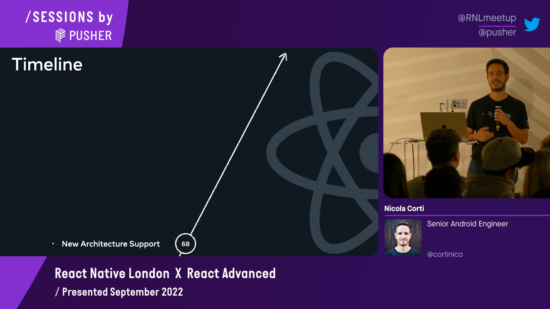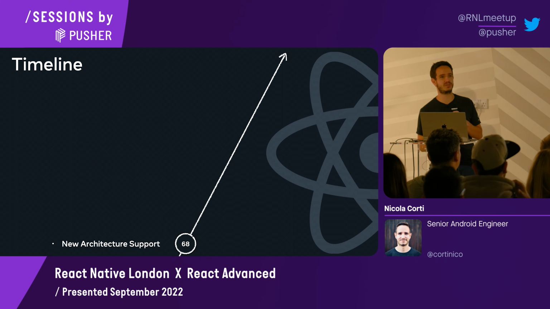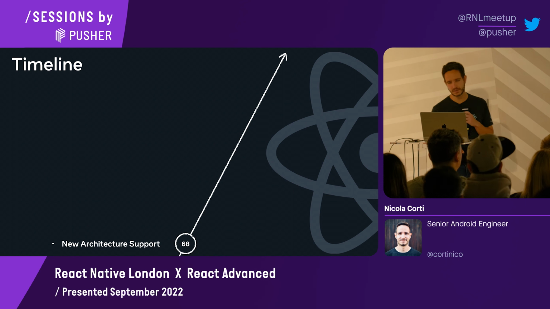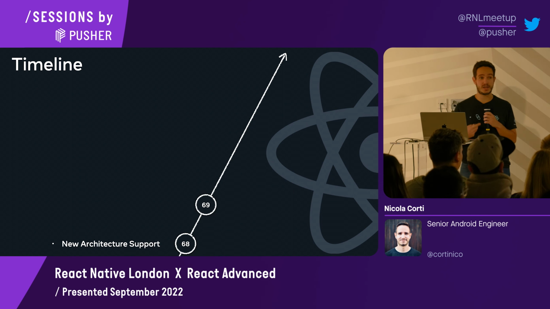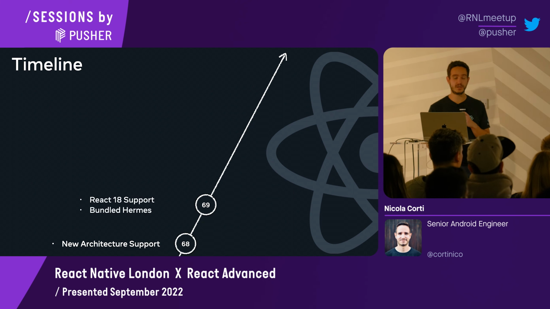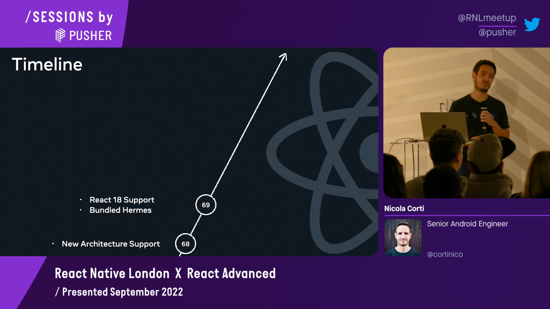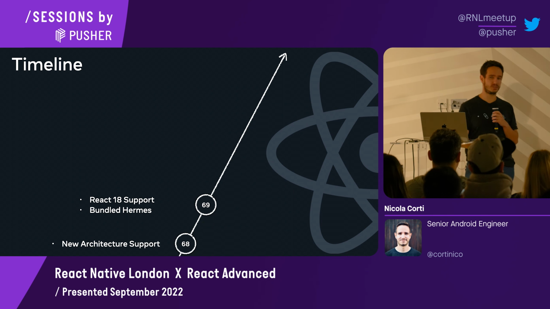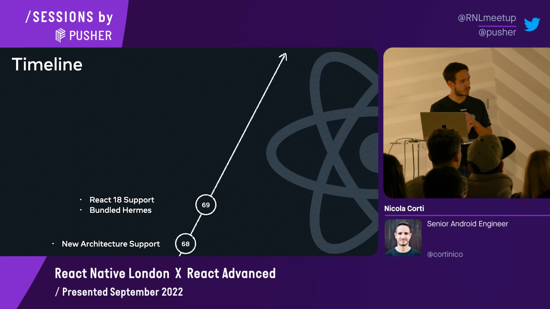So here you can easily turn on the new architecture using a flag in your template. Then we released React Native 0.69, which had bundled Hermes, as I said before, and also is the first version of React Native which supports React 18 and all the features that come with React 18, like concurrent React and all the new APIs. I will talk more about this also in the next slide.